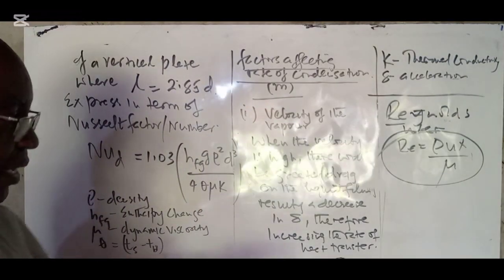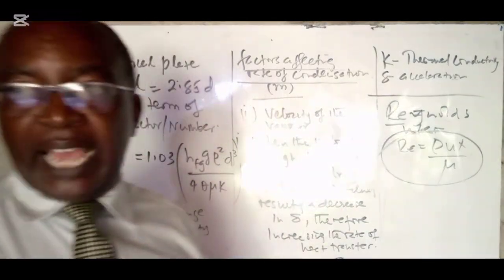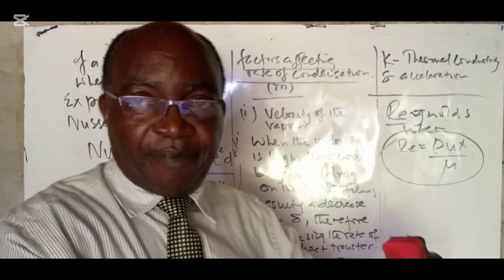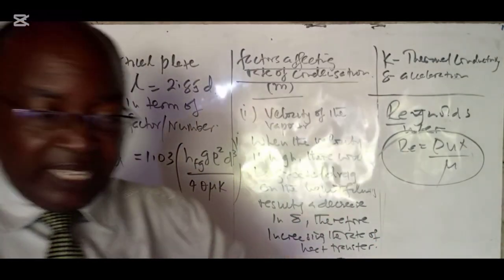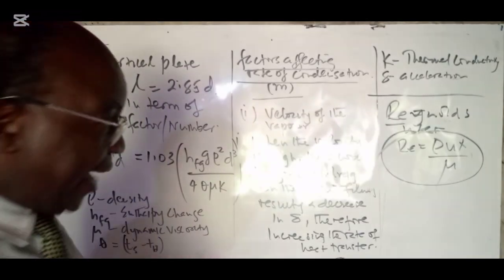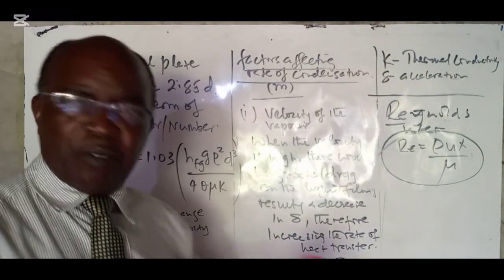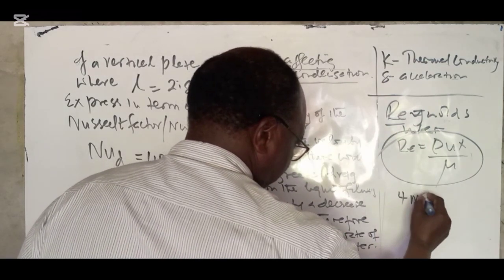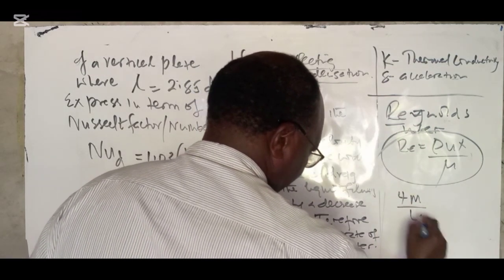So we believe that even when this fluid is flowing down, it reaches a point where it reaches that critical value where we start developing turbulence in the system. And that is given by Reynolds number for films, thought to be 4m over mu.